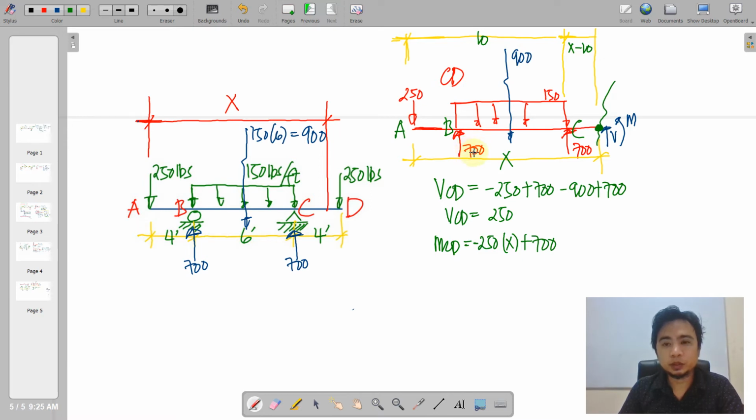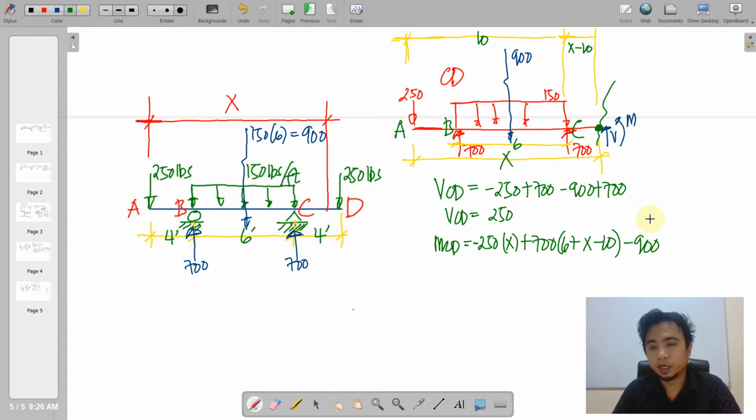So we also note the distance from B to C, which is 6. Therefore the distance of this 700 of B from this point of reference is 6 plus x minus 10. And then the 900 here will yield a negative fiber.